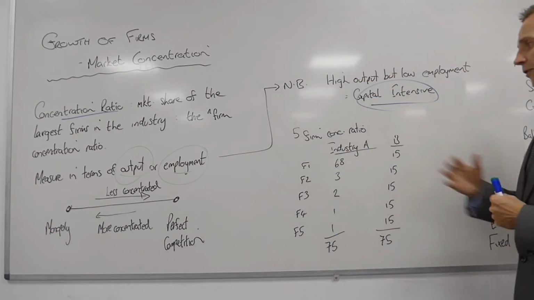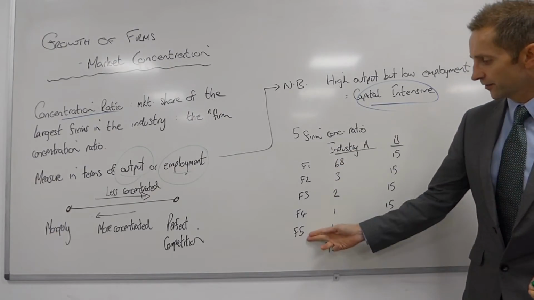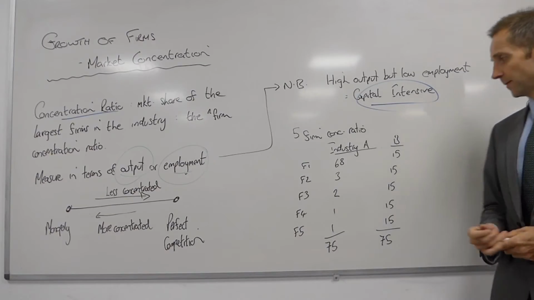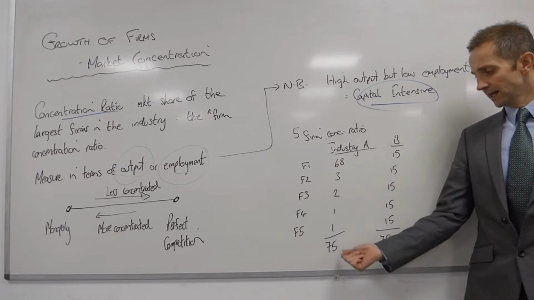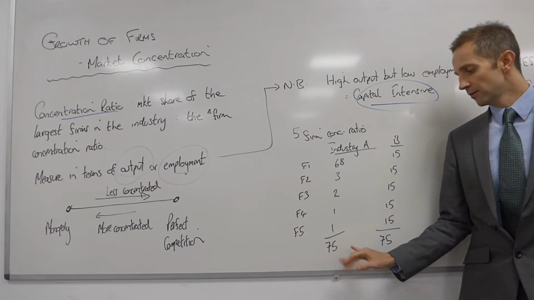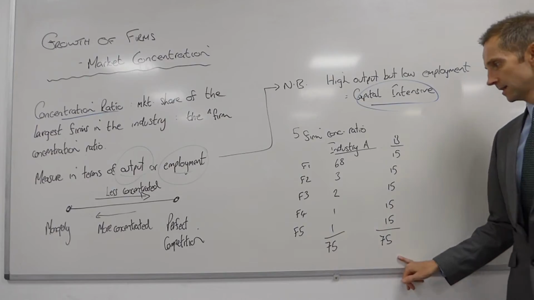Another thing to look out for is this sort of example here. Here I'm calculating 5 firms, F1 through to F5, Industry A, Industry B, and you can see that the concentration ratio for the 5 firms in both cases is 75%.